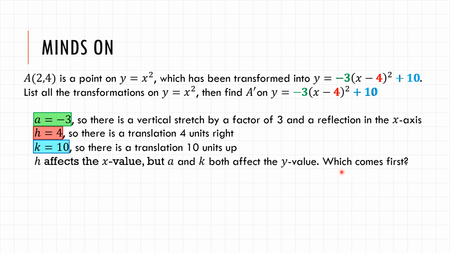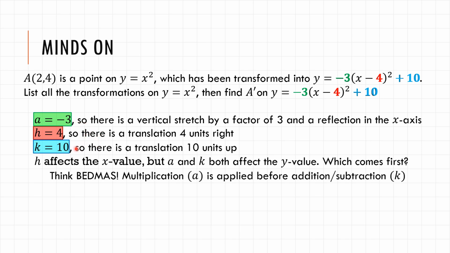The value that comes first will of course be a, because we still follow BEDMAS, right? When we have to follow our order of operations when we're applying them, and multiplication happens before addition. So I'll still start off with my point like usual. And the h value, yes, that will affect x.